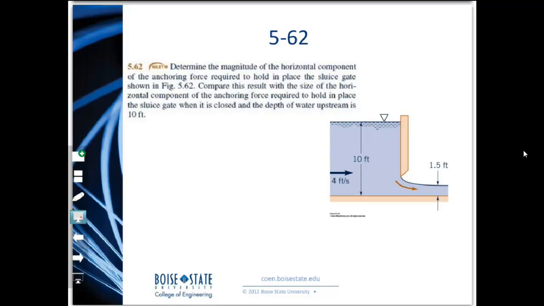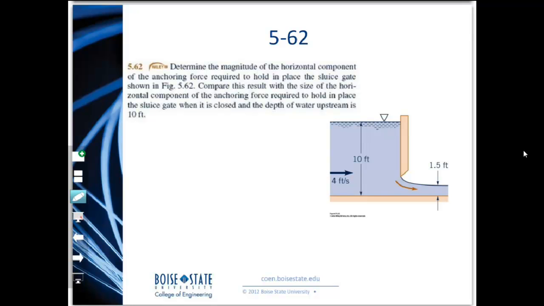Let's check and see if what we think is what we get. When it is closed, we should get a higher reaction anchoring force. When it is open, it will be lower. Let's try to prove our ideas here.